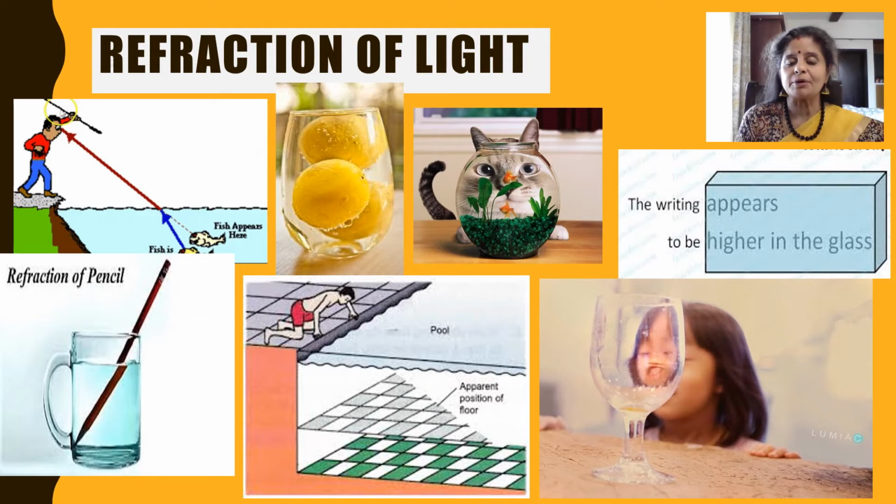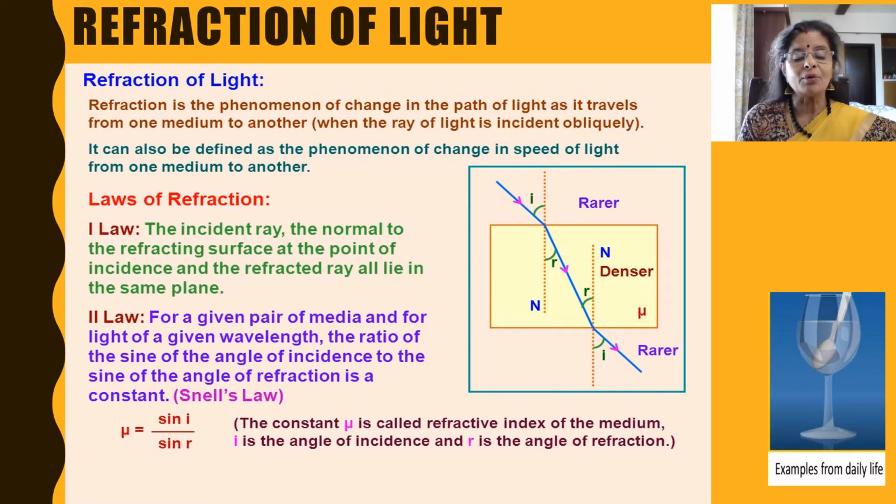There's a change in the propagation of the light. This phenomenon is called refraction. So all these examples are due to the refraction of light. Let's understand more about refraction of light.